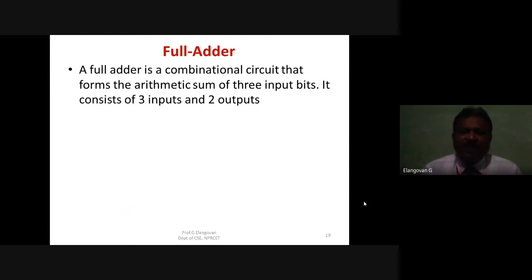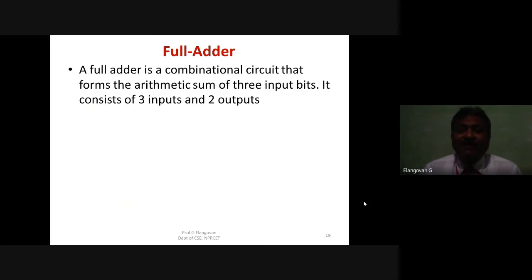But if you are looking at the inputs, generally it may be referred to as a three input, but strictly speaking, the inputs are two. The other input is the generated carry from the lower order sum. So it is a two-number addition, considering the lower order carry.